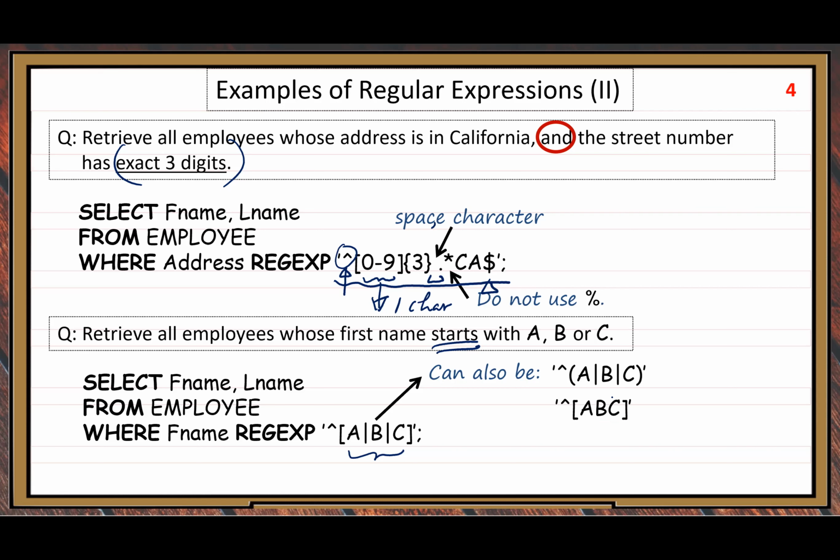The second one uses square brackets, but we remove the vertical bar. We just list the characters that could appear in this location, all the options. So A, B, C, we do not have to use the vertical bar.